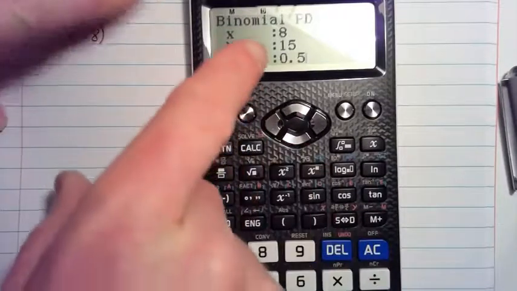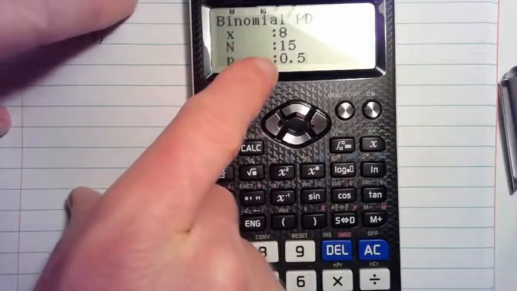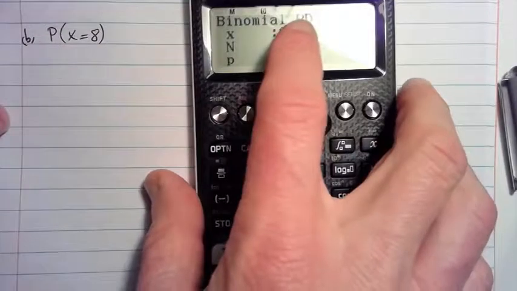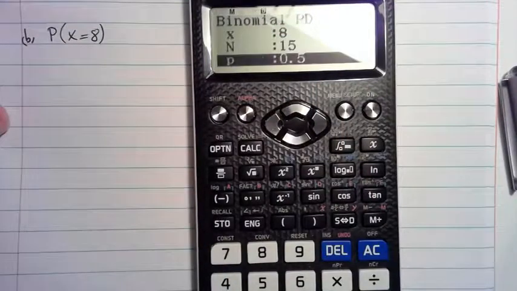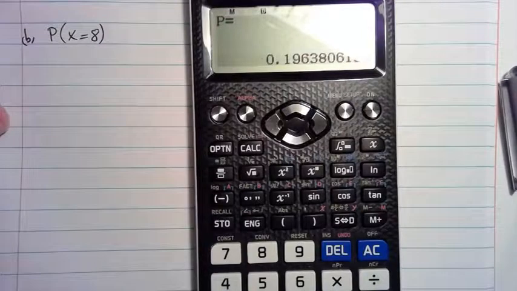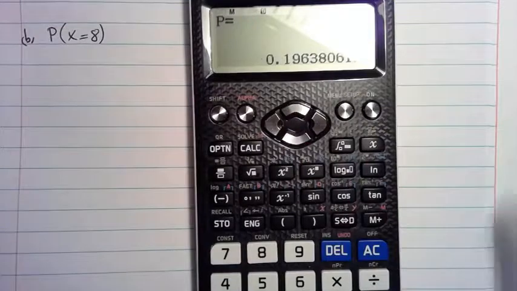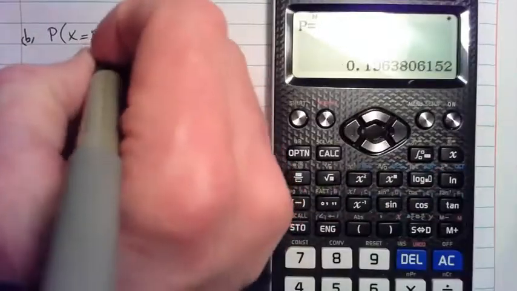So x value we're interested in is 8, n value is 15, probability of success 0.5, and we're in the binomial probability screen there rather than the cumulative screen. And so there we have it, 0.1964 to 4 decimal places.